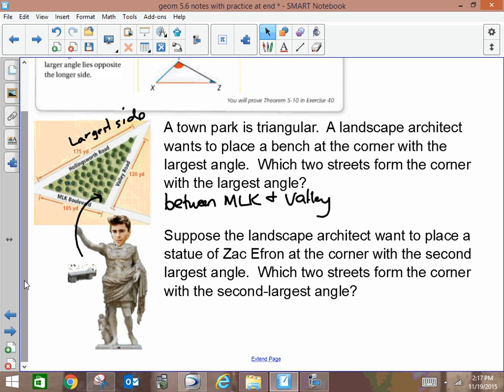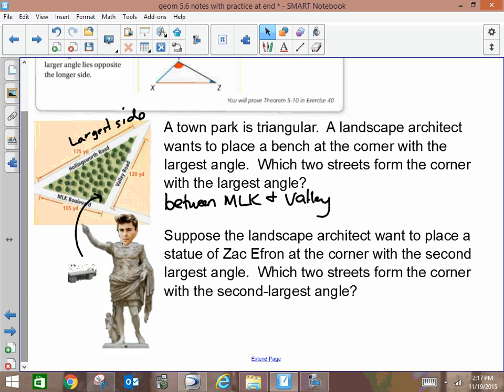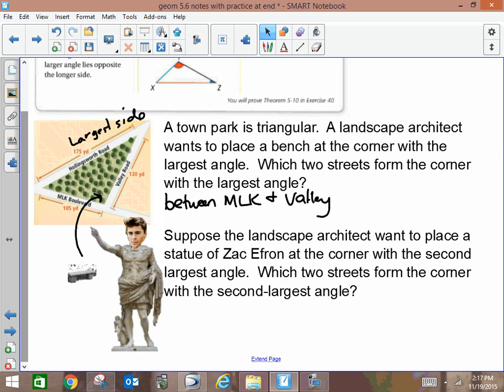Which two streets would little Zach be on here between? What do you think, Katie? Hollingsworth Road and MLK would be right here, because the next biggest side is right here. It's bigger than 105.